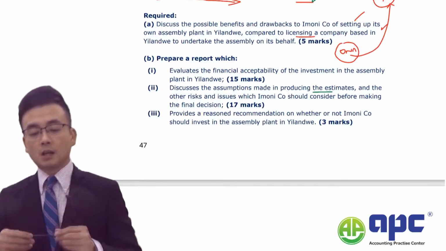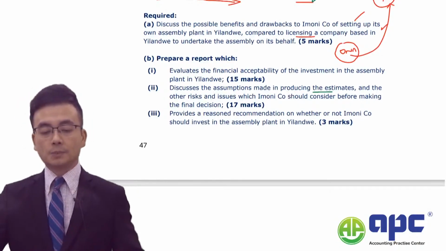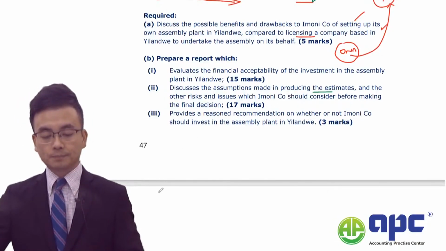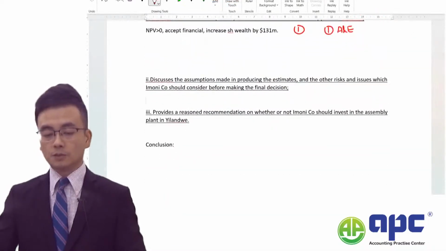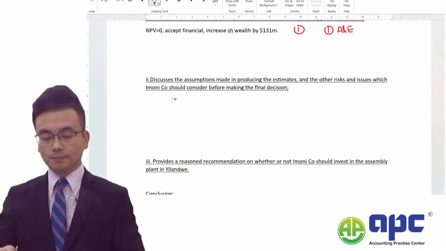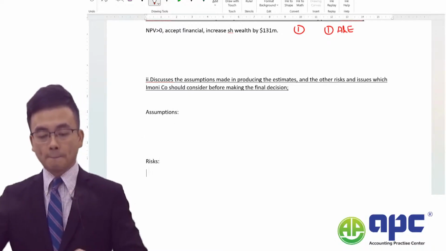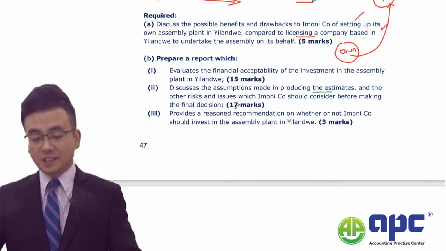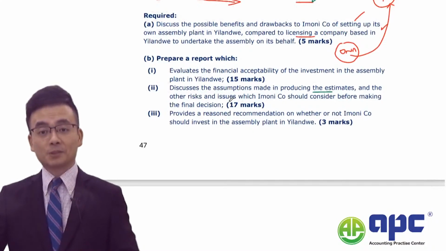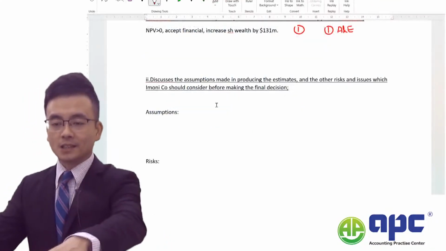Next one, discuss assumptions made in the estimate and other risks. So there'll be quite a lot of assumptions that we've made, and risks. How many marks are there? 17 marks are there. So approximately 17 sentences on that.